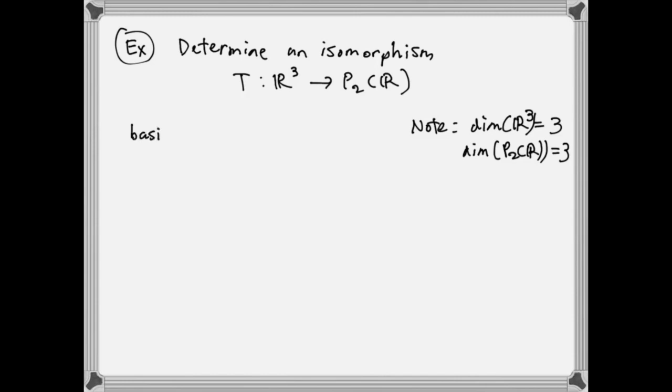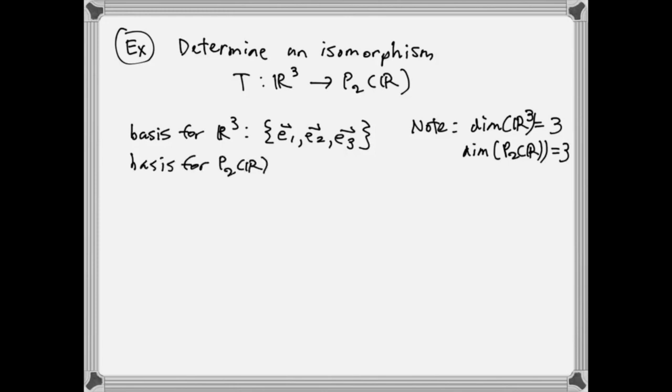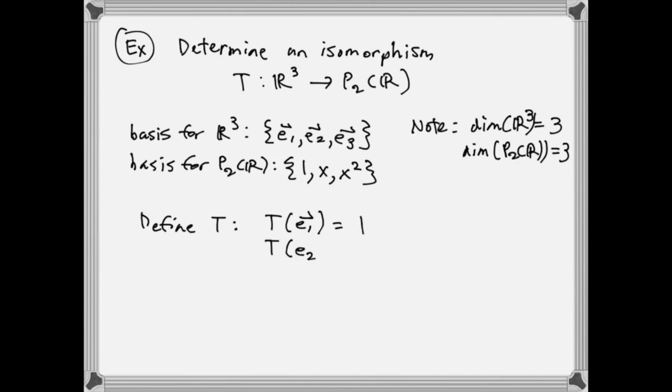Well, what's a basis for R3? Of course, i, j, k, or we can call it E1, E2, and E3. And what's a basis for P2R? Well, the standard basis is 1, x, and x squared. So then we can define T as follows. I just have to tell you what to do to the basis elements. T of E1 is equal to 1. T of E2 is equal to x.